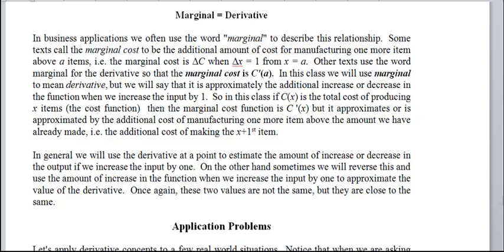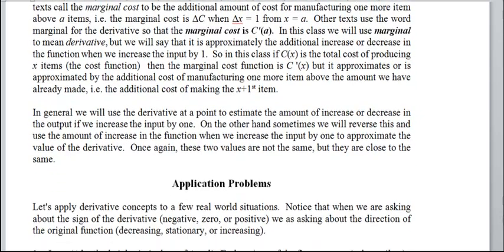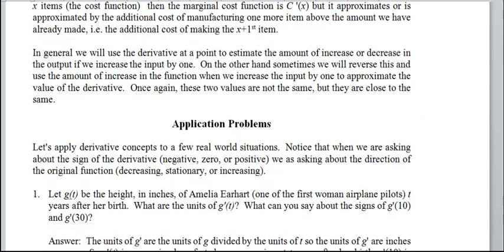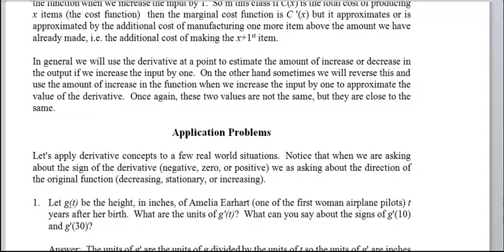Later on, we may switch it around where we use the derivative to estimate this amount of increase. So, let's see if we can put these ideas in context and work in context. So I've got a series of real-world application problems where we see if we can apply these basic ideas.